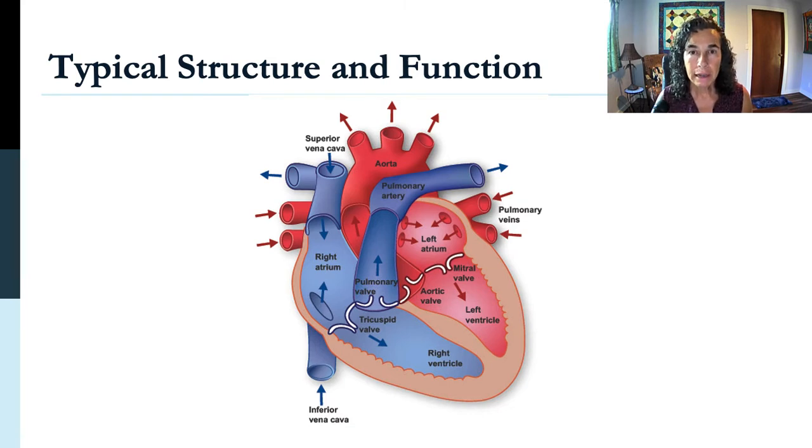And they're not going to be able to engage in the same level or intensity of physical activity as someone who has a well-functioning heart. So you want to think about that if you see that one of your clients has a cardiac or circulatory issue.